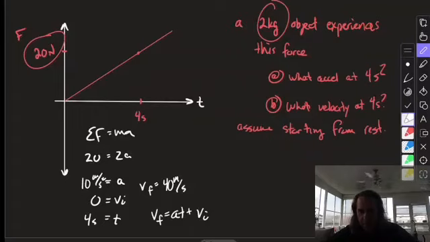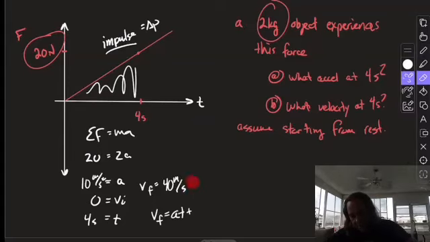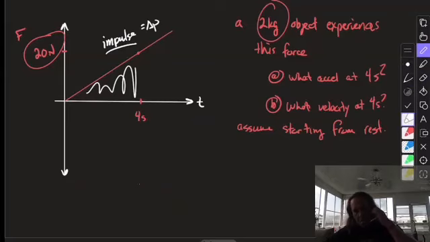You have to understand that this is a force versus time graph. The area under it is impulse, force times time, which means the area under this is the change in momentum. So to get question B right, you have to do the area, which is a triangle.